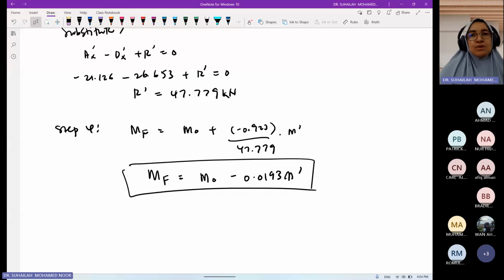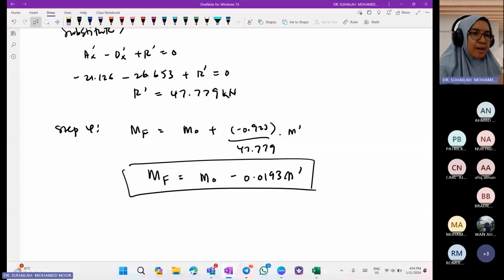So then we continue to complete MAB until MDC. Just substitute, as usual, like in the previous example. Of course this one is not complete yet. Until you get 6 final M moments.